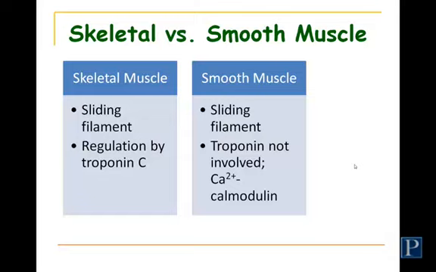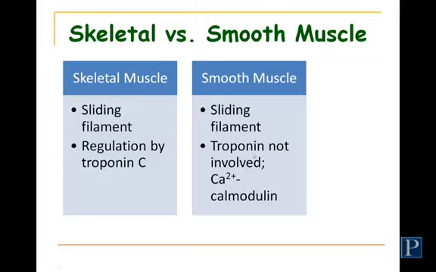Troponin and tropomyosin are part of the actin filament, but it inhibits the interaction of myosin with actin. But if tropomyosin is moved out of the way, there's now a site for myosin to interact with the actin, forming a cross bridge, and we can get contraction.